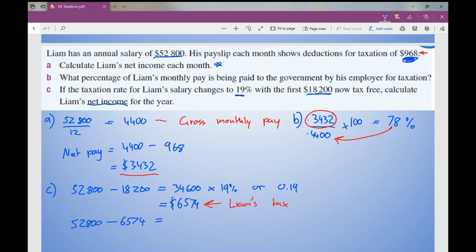Just pop that in our calculator, and the result here is now Liam's net income. And there we have it. That's how we answer this question.